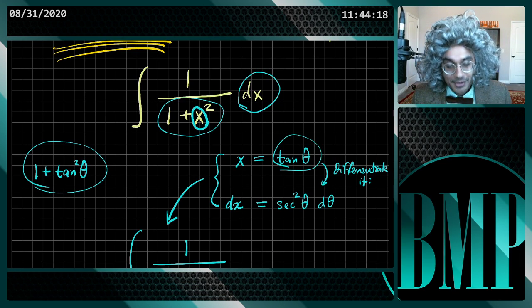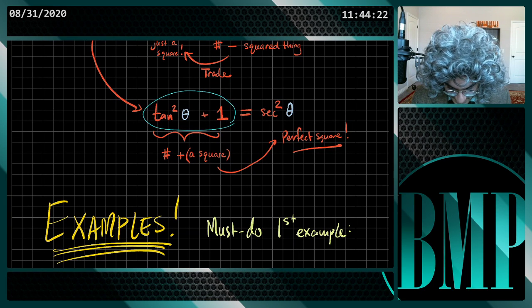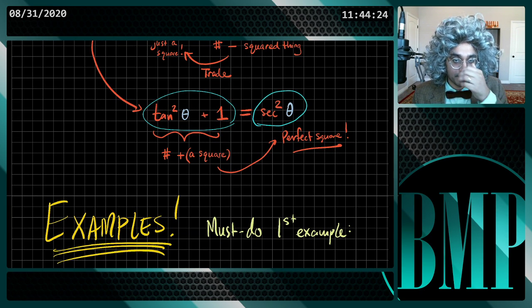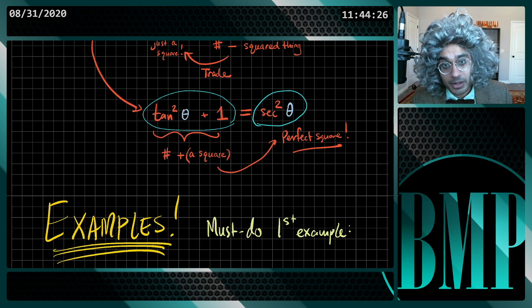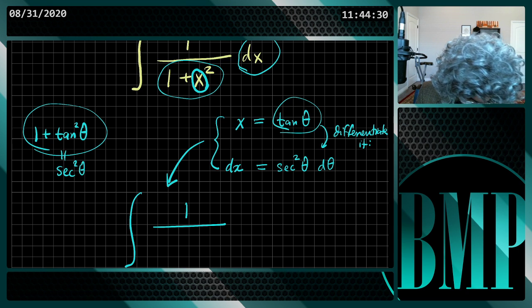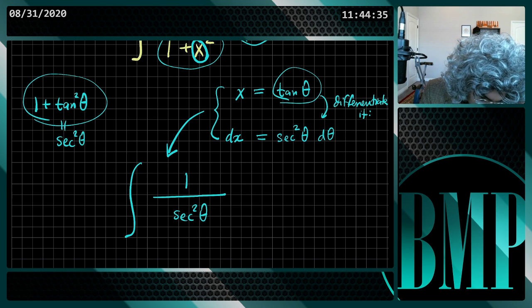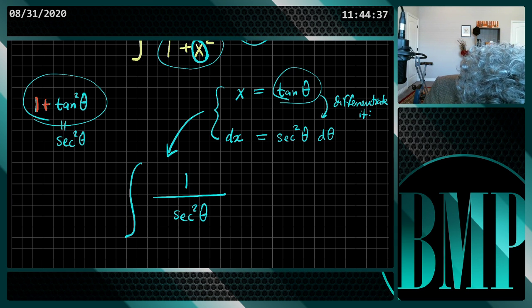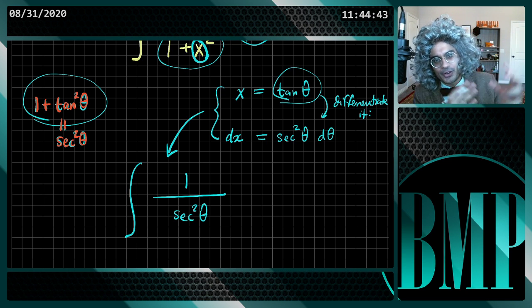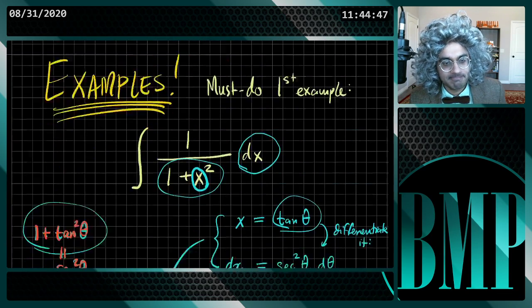But that trades off perfectly with secant squared theta. Incredible. So this bottom becomes secant squared theta. And this was orange mathematics, right? It's at this orange stage that we traded off one thing for another in these Pythagorean identities. Beautiful.